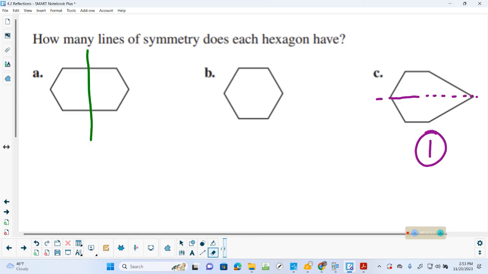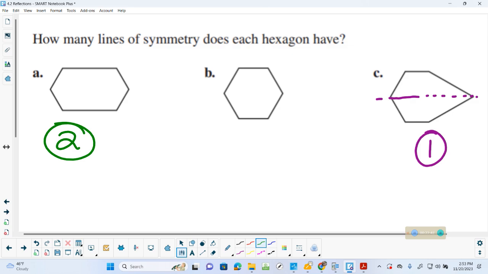And then I think, let me erase that. And then I think you want to go diagonal. Is it like this? Does that work? No. It's kind of, sort of, but does it work? So there are how many? 2.